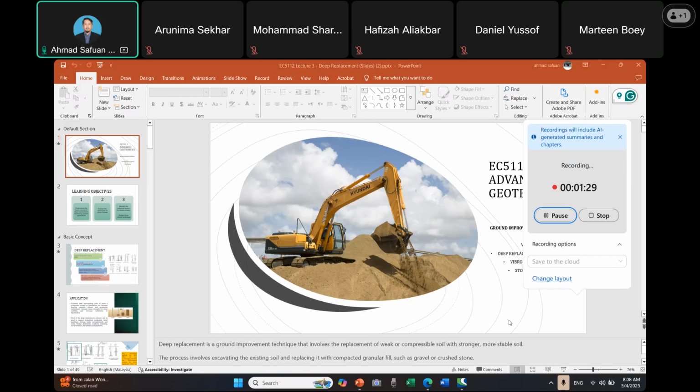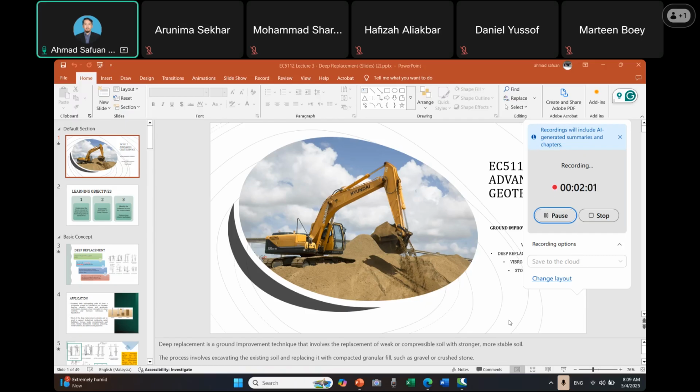So they use, for example, gravel or crushed stone. That is why we heard about stone column or sand column, where the material is a little bit stronger and stiffer compared to the existing area.